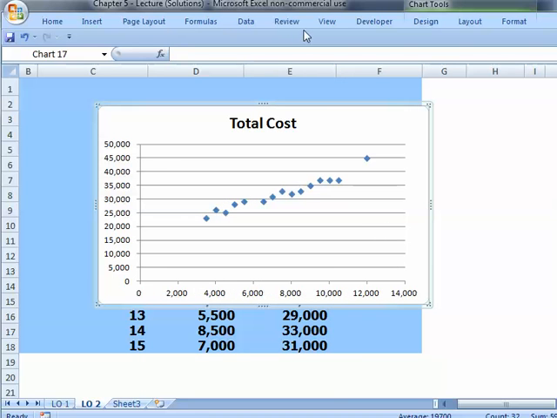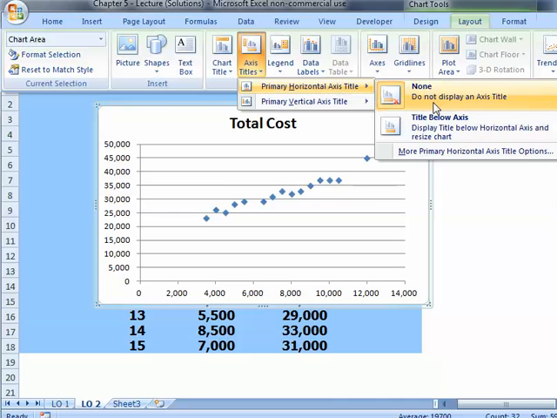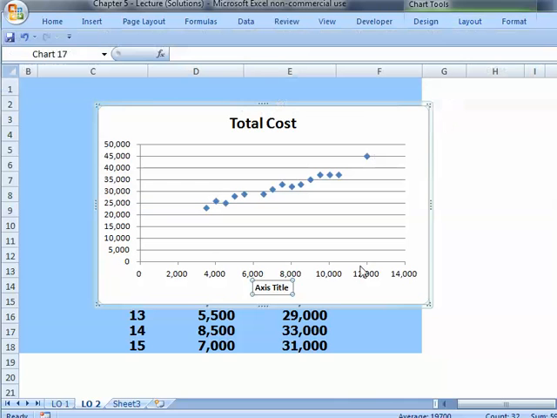I'm going to click on the graph, and under Layout, Axes, I want to add a horizontal axis below, and I want this to say units or patient days.